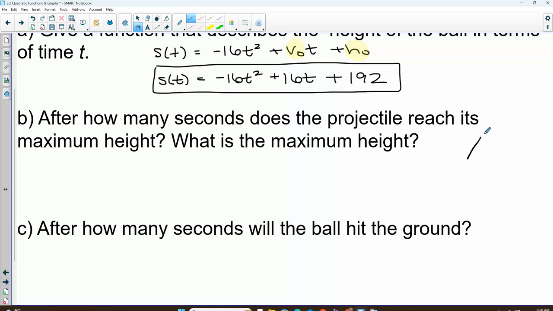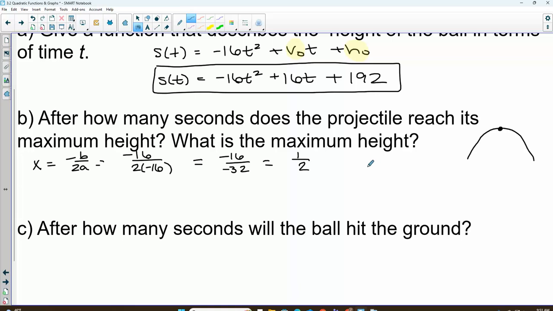It's going to go up and come back down. I'm looking for this vertex. How do we find a vertex? So my v is 16, so we get negative 16 over 2 times negative 16. So that gives me 1/2.